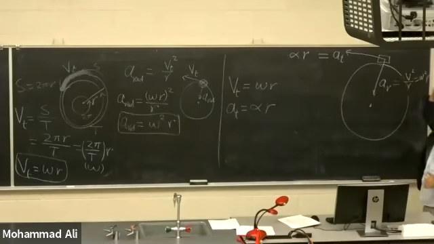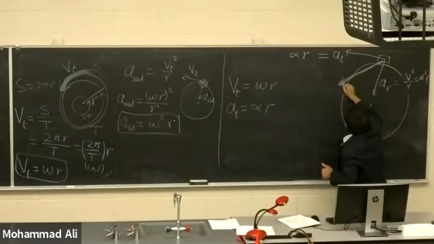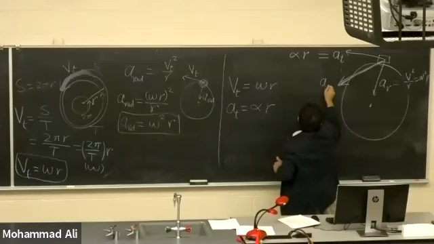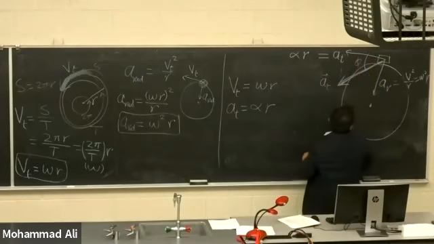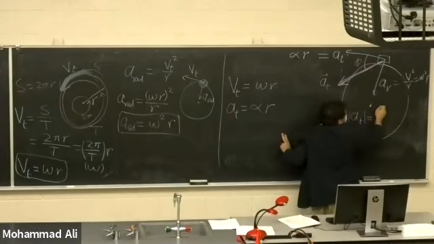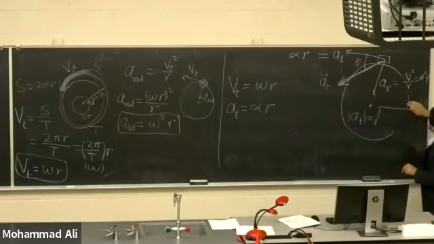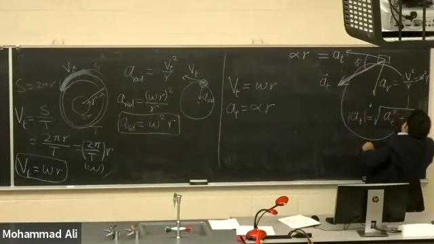We can compute, as we did before, the total acceleration, which is A total, and we can compute the angle phi. A total is equal to the square root, using the Pythagorean theorem, of AT squared plus AR squared.